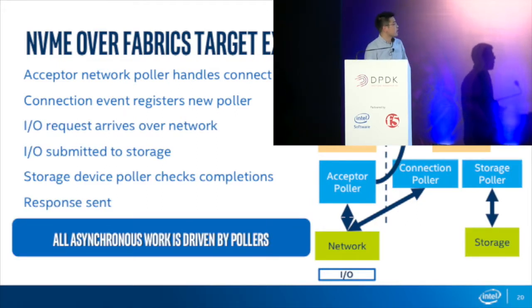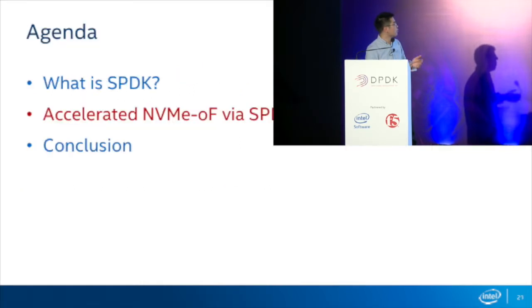So this page shows an example of the NVMe-oF target, and how to glue these components together. For example, firstly, when the NVMe-oF target starts, reactor 0 will start to execute the poller in the acceptor.